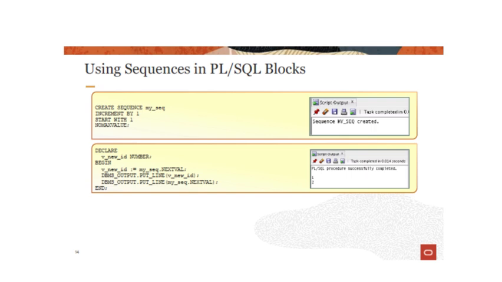In the PL/SQL block shown in the slide, we use NEXTVAL with the my_seq sequence twice. First, we assign it to the variable v_new_id and output the value. Next, we use it within the DBMS_OUTPUT.PUT_LINE function call. Observe that you see a new incremented value the second time.